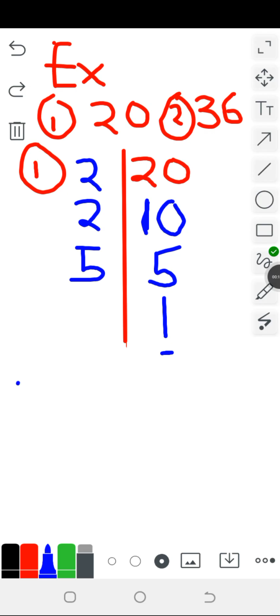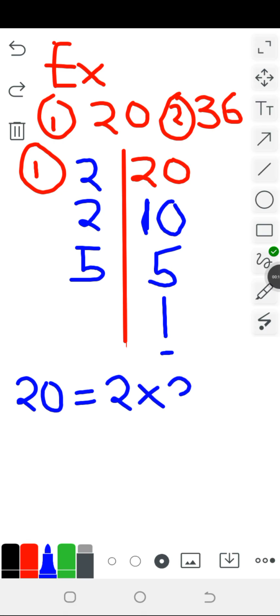So that means the prime factors of 20 using the long division method are 2 times 2 times 5. So this implies that 2, 2, and 5, which are the numbers multiplied together, or expressed as the prime factors of 20, when multiplied together, will still give us 20.